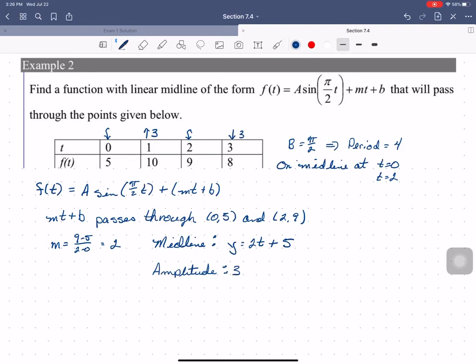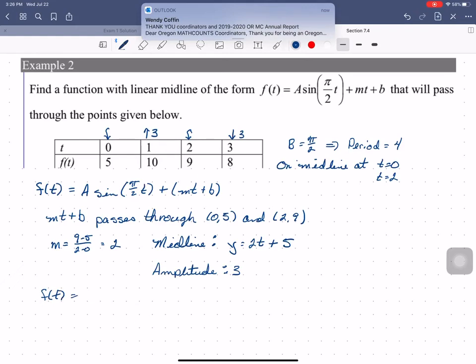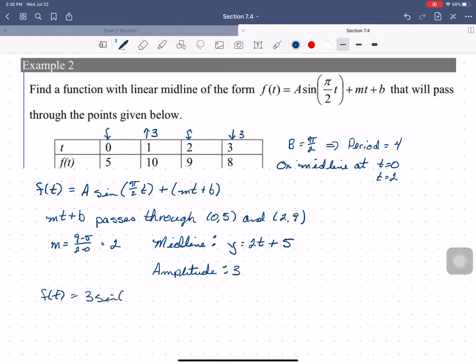And I've got enough now. That means my function is equal to 3 times the sine of pi over 2t plus 2t plus 5.